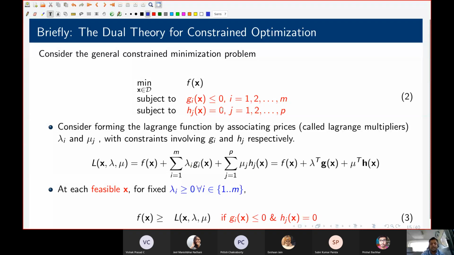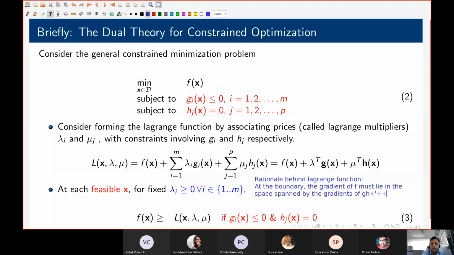So the rationale behind the Lagrange function: at the boundary, the gradient of f must lie in the space spanned by the gradients of g's and h's with some sign constraints.